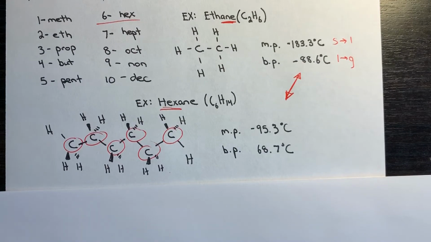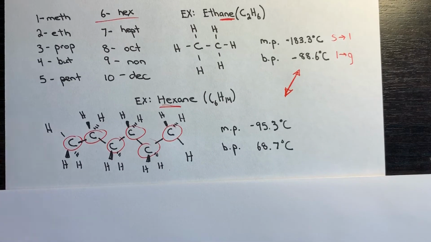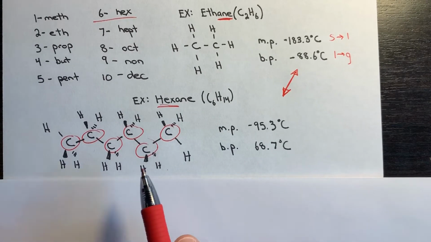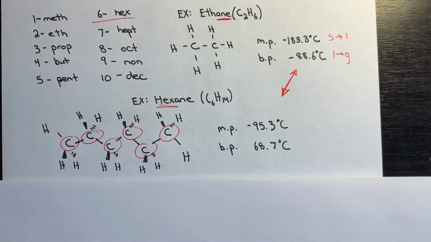We need to overcome intermolecular forces. In this case, we're only talking about dispersion. So, in the case of hexane, we would say that hexane has a larger electron cloud, therefore it is more polarizable. This increased polarization leads to a stronger dispersion force. It therefore takes more energy to overcome this stronger dispersion force, and subsequently we see higher melting and boiling points, okay?